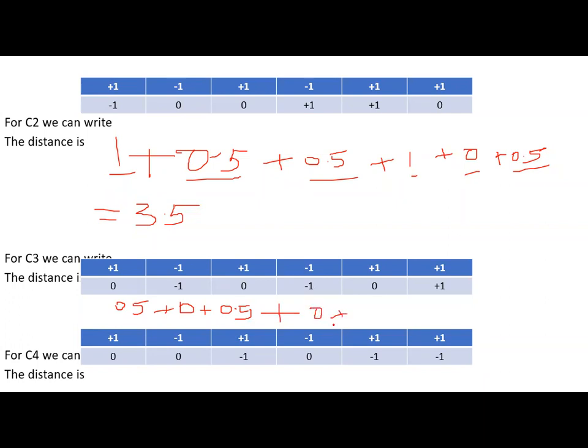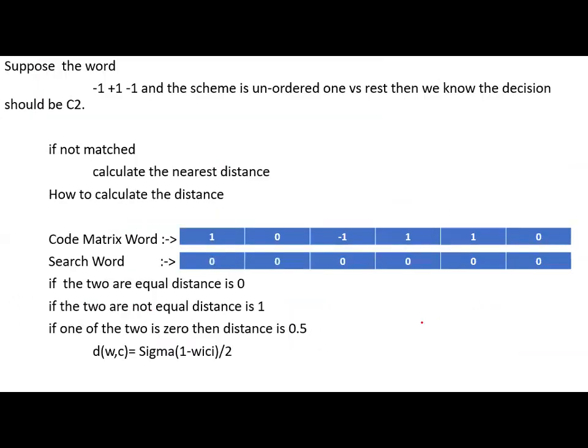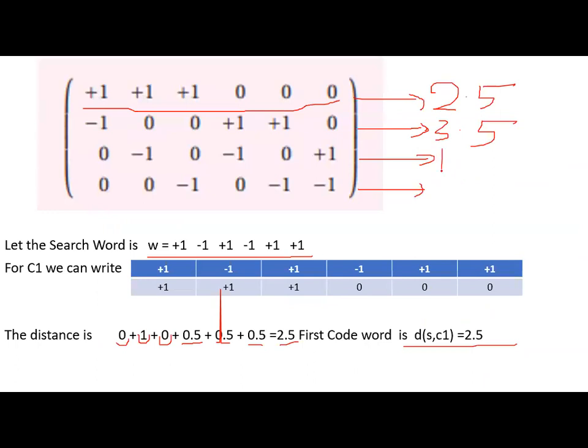These two contain a 0, so 0.5, and the last is 0 because these two are zeros. Now if you calculate, 0.5, 0.5, 0.5, the answer is 1.5. And you write here 1.5.